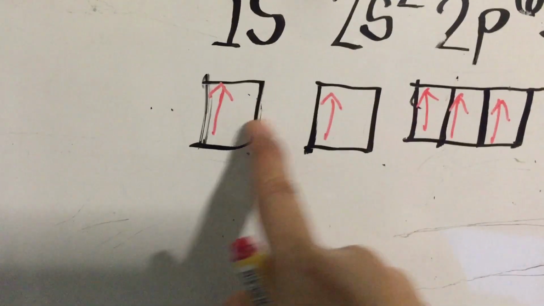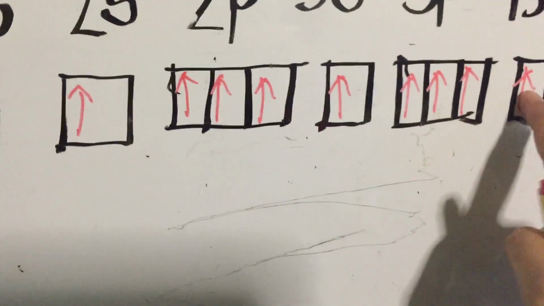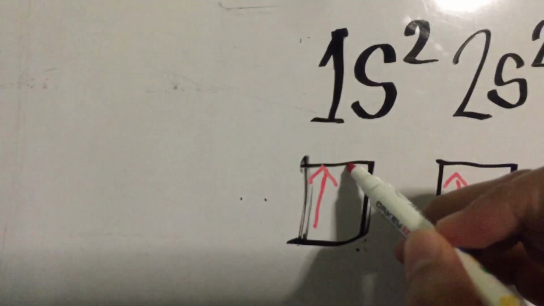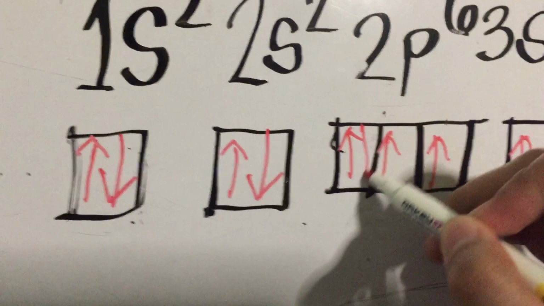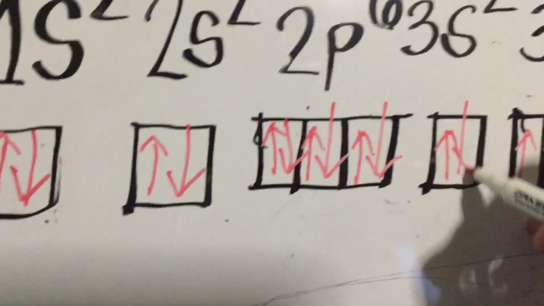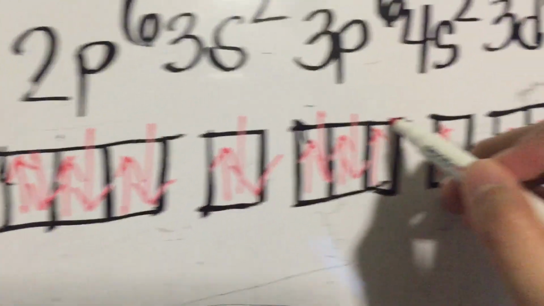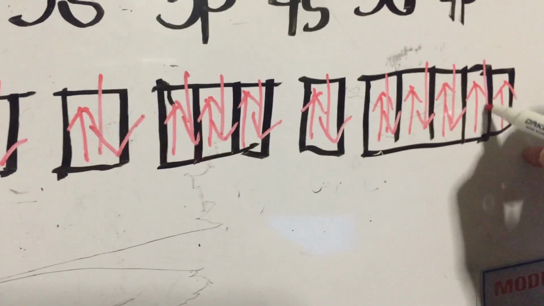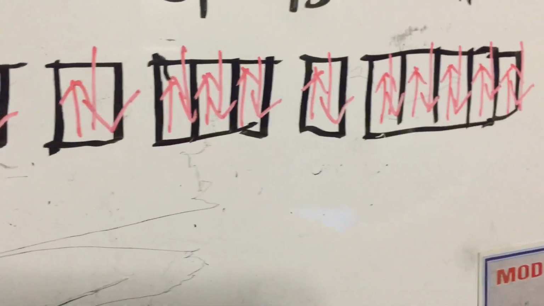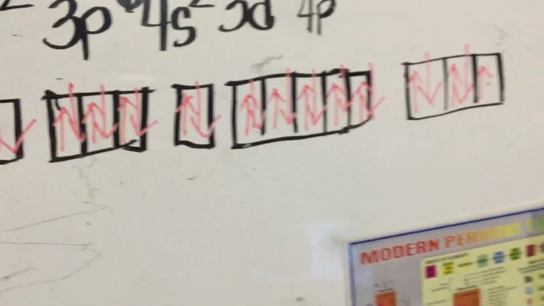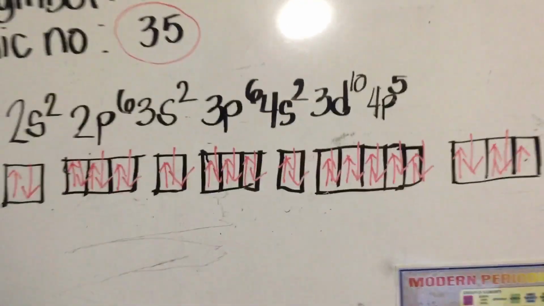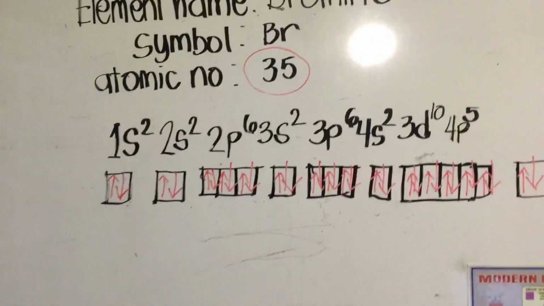Wait, nakalimutan ko na ilan na to. 1 to 18, 19, 20, up to 35. Okay? So dahil 35 lang ang kailangan nating electron, hanggang dito lang tayo sa 35. Okay? So na-apply natin yung tatlong rules in writing the electron configuration.